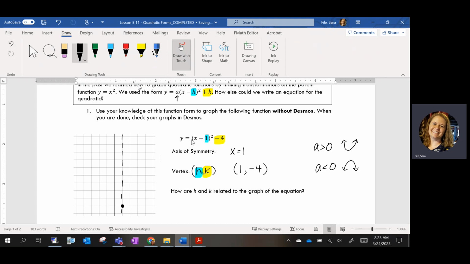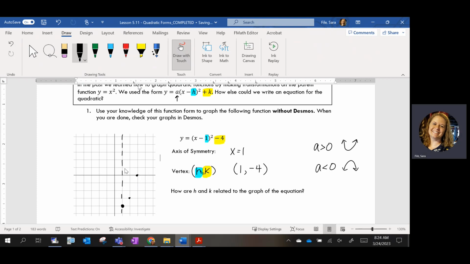But there is nothing being multiplied inside or outside, so this is not stretched or compressed. It's the standard width of the parent function: over 1 up 1, because 1 squared is 1, or over 2 up 4, because 2 squared is 4, right?